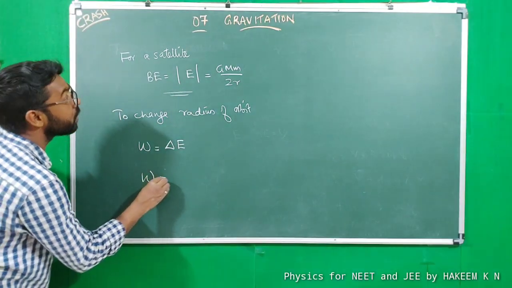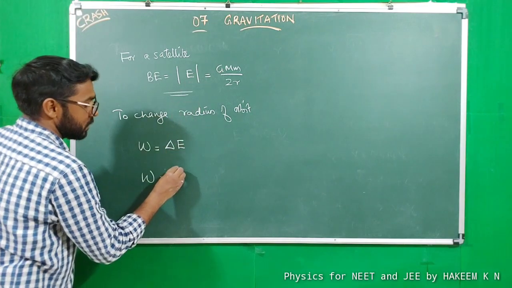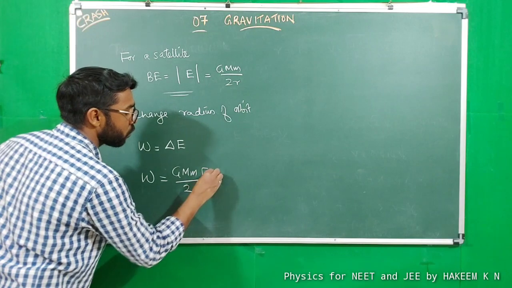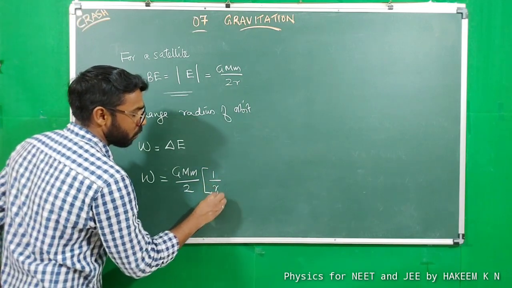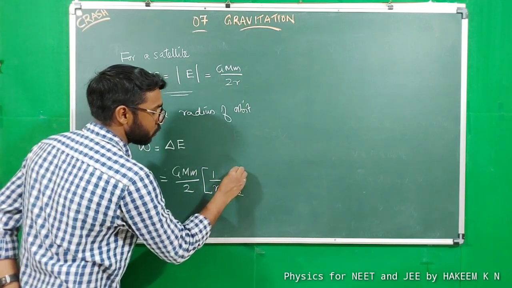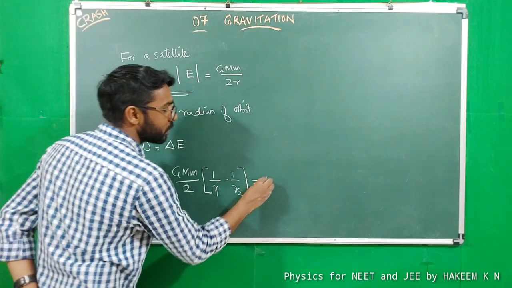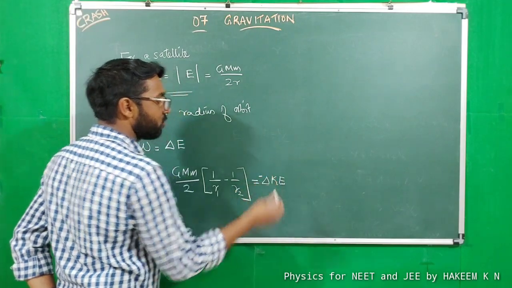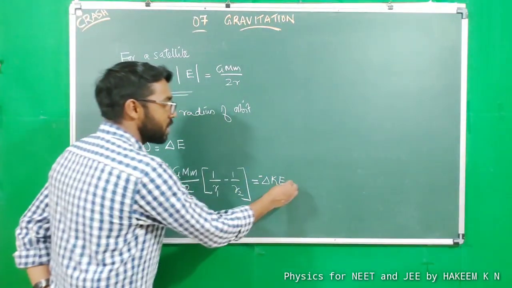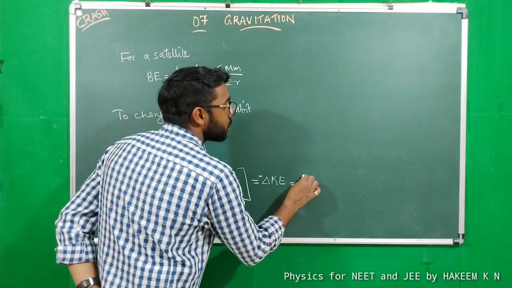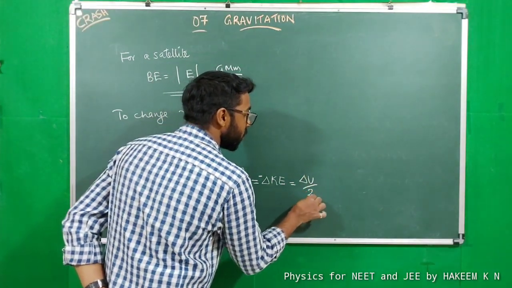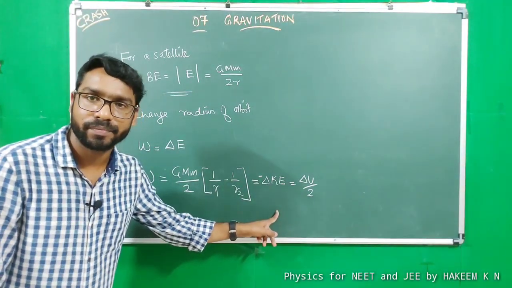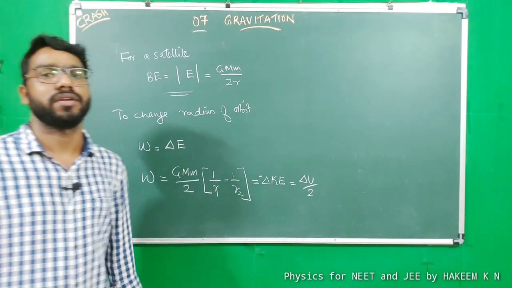So we will get work done equal to GMm by 2 into (1 by r1 minus 1 by r2), that is equal to negative of change in kinetic energy, that is equal to change in potential energy by 2, because total energy is negative of kinetic energy and half of potential energy.